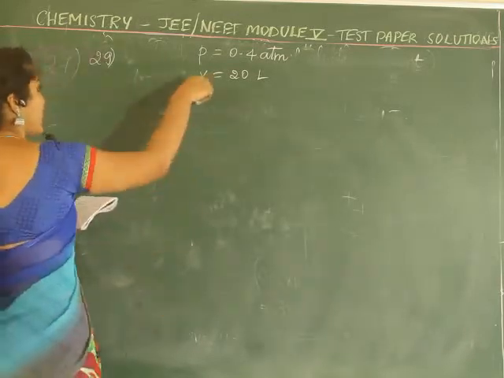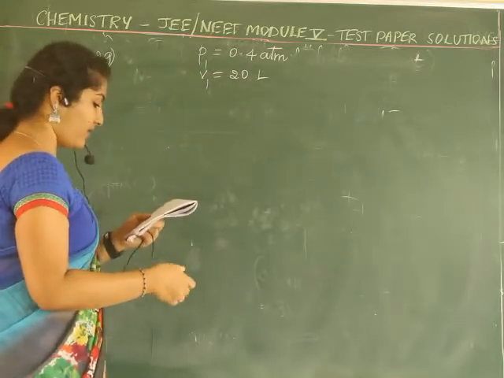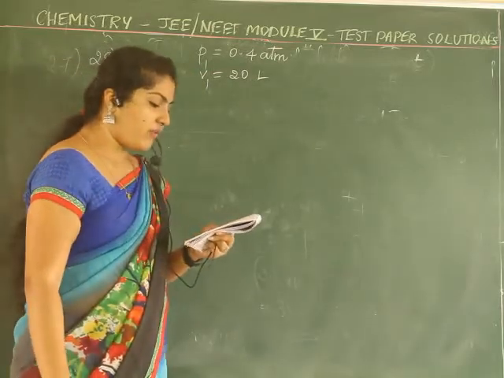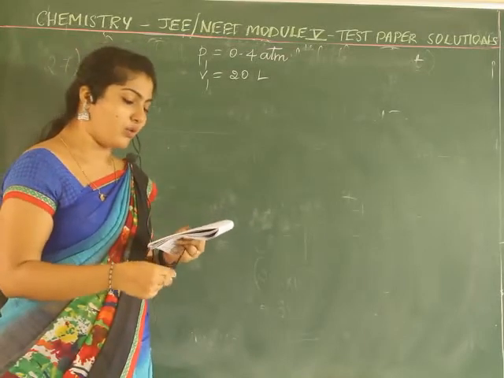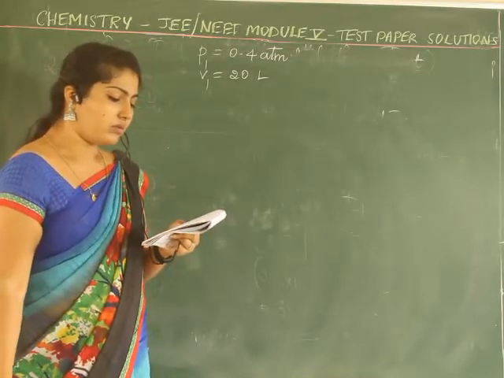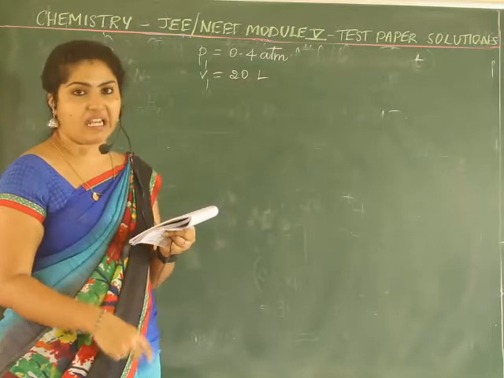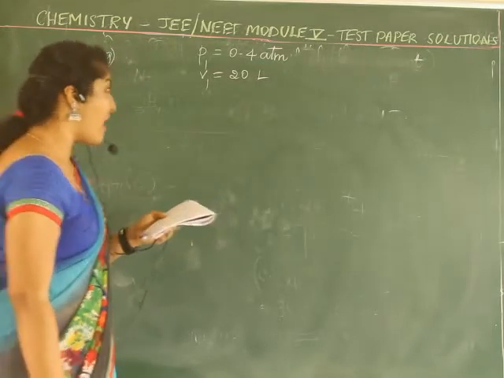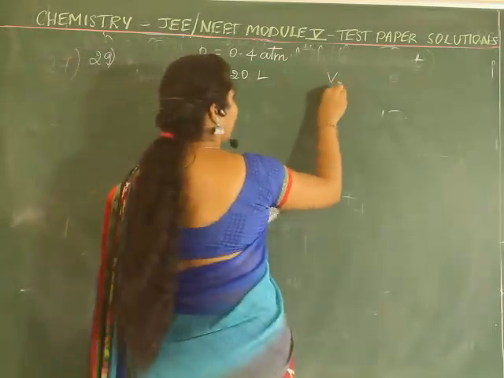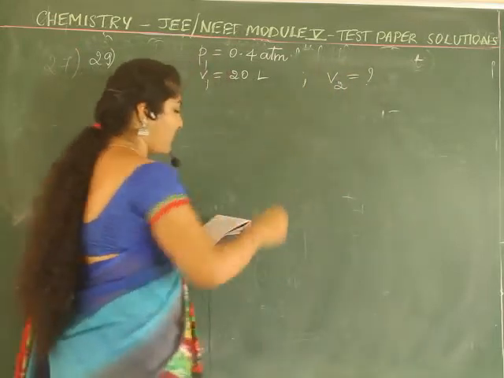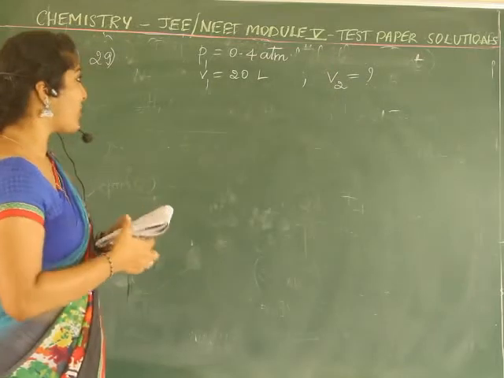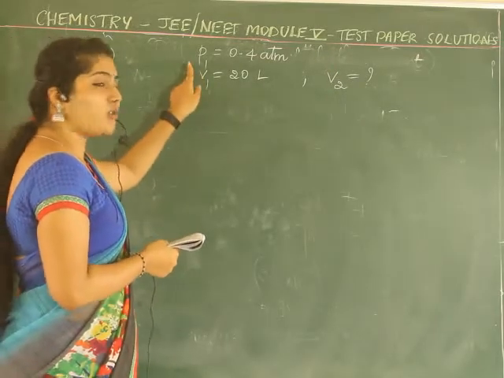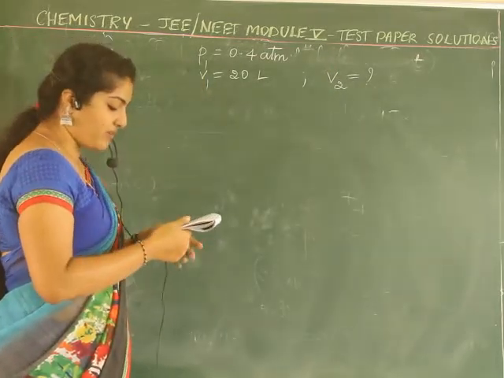So the initial state is V1, P1. When the pressure of carbon dioxide attains its maximum value, they ask what the volume of the container will be, that is V2. Initially the pressure of carbon dioxide is 0.4 atmosphere.